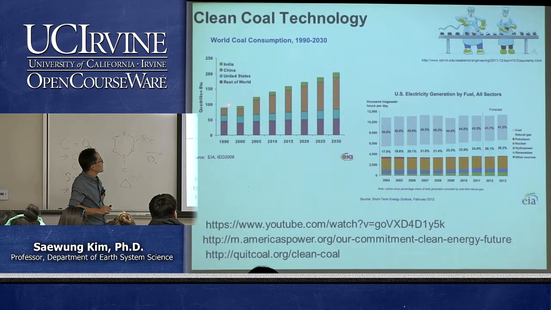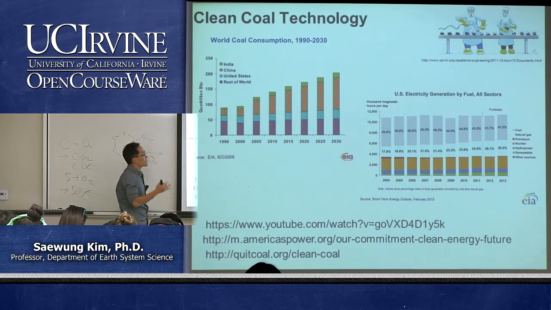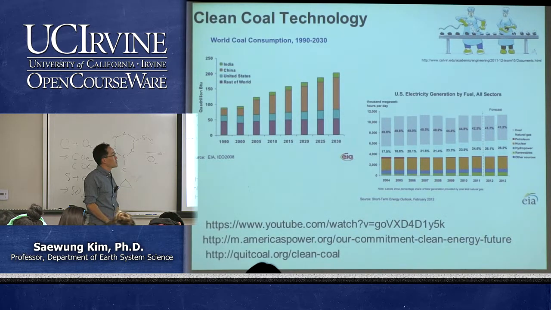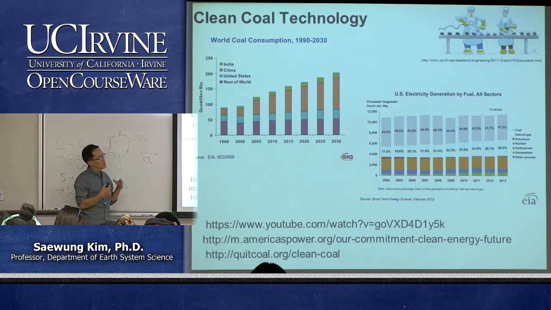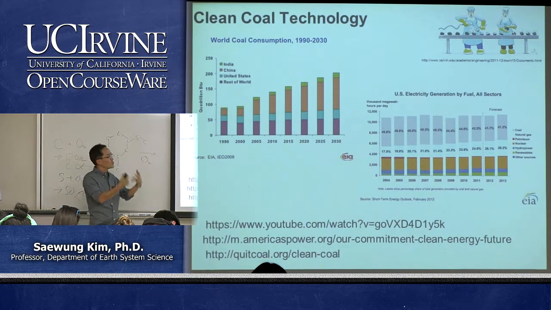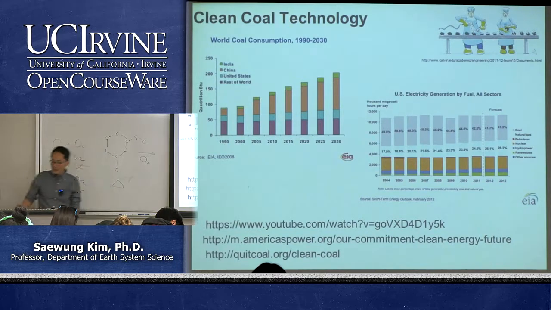But the rising economic powers, China and India, are going to use a lot more coal than they used to, because their energy needs must be satisfied to generate electricity, right? But these days, people have developed a lot of different ways to process coal burning in a much cleaner way.